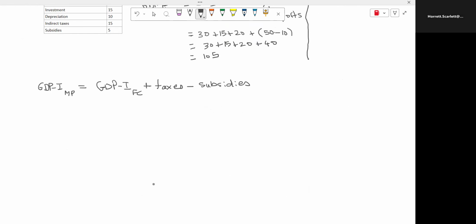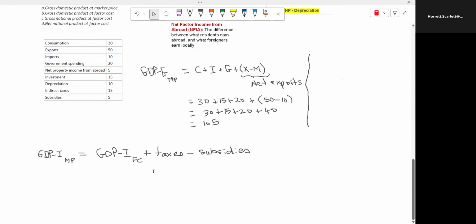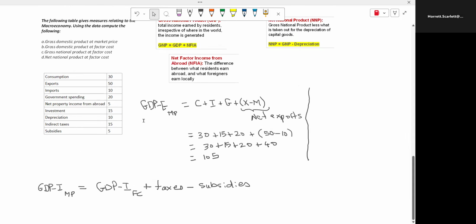So what do we know? We know that we have a measure of GDP here, which is expressed in terms of market price. And so what we want to do is to move from market price so that we can understand what is GDP at factor cost.